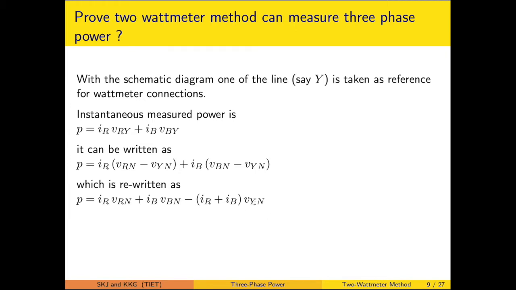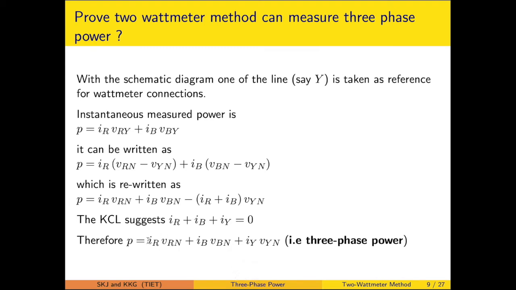Now this is a phase quantity, and this is a phase quantity. When we have a 3-wire system, the sum of the 3 currents IR plus IB plus IY has to be equal to 0, and from that we can write minus of (IR plus IB) as IY.